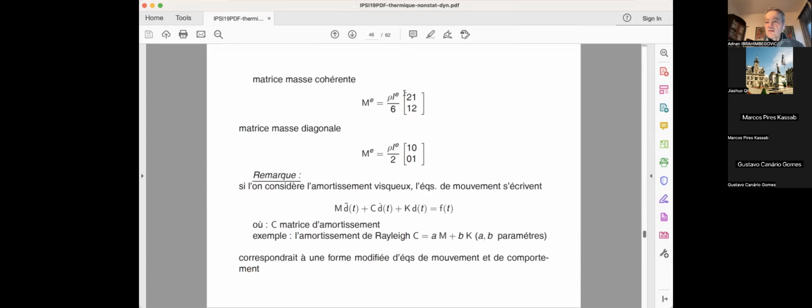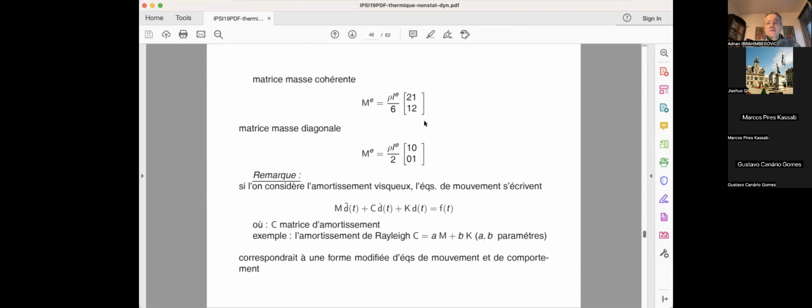So 1 goes here, so 2 and 1 becomes 3. 1 goes there, 2 and 1 becomes 3. So 6 divided by 3 becomes 2. And you can obviously see that diagonalizing this matrix and keeping the full mass the same will be simply rho L divided by 2 times the identity matrix. So this will certainly be the simplest type of matrix you can imagine.